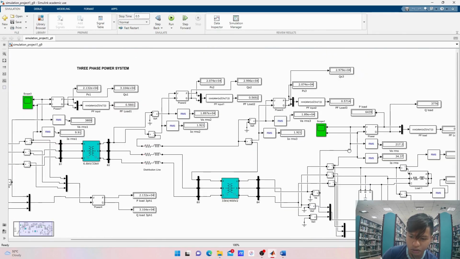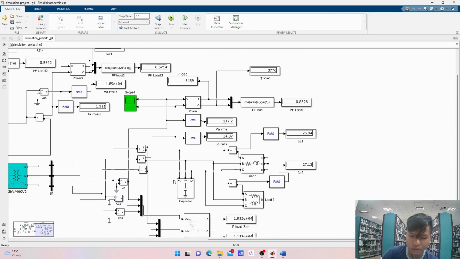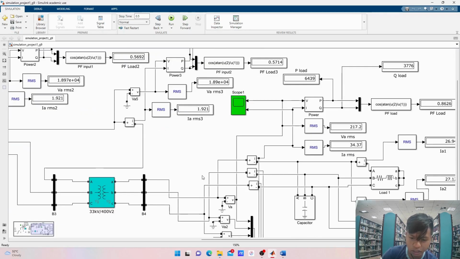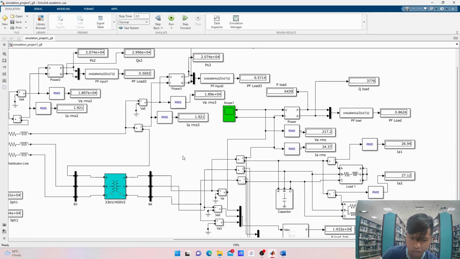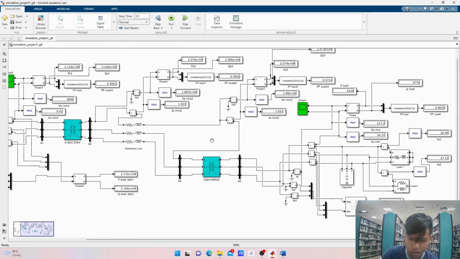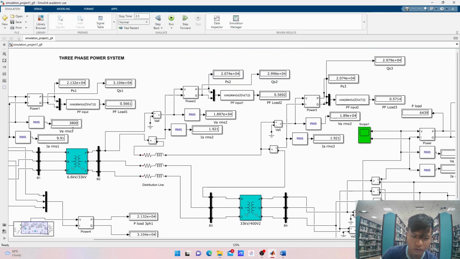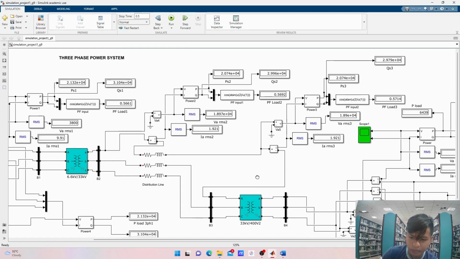What we can conclude from this second simulation is that adding the power capacitor improves the power factor itself, and improves all the values: voltage, current, real power, reactive power, and apparent power.